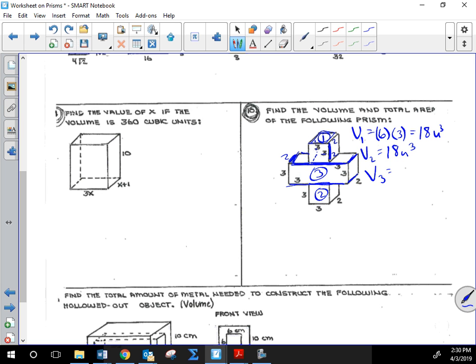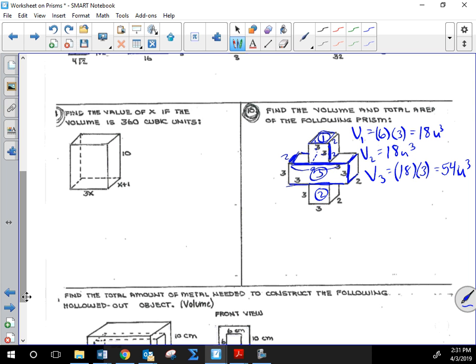Good. 3 plus 3 plus 3, so 9 for this whole thing. Alright, so again, our volume is area of our base. So 2 times 9, which is 18. Times the height. And our height is 3. What's 18 times 3? 54. Units cubed.